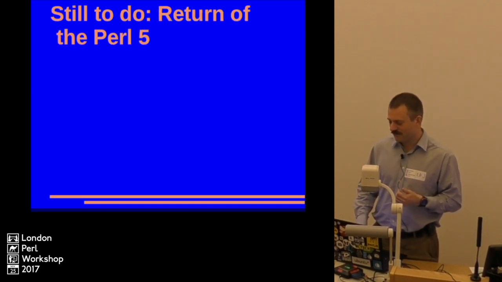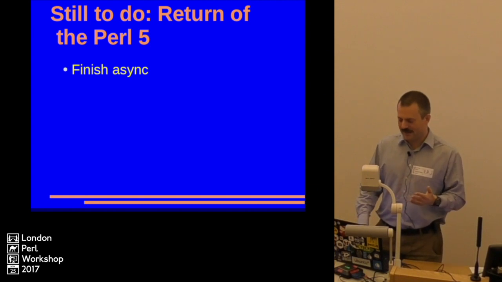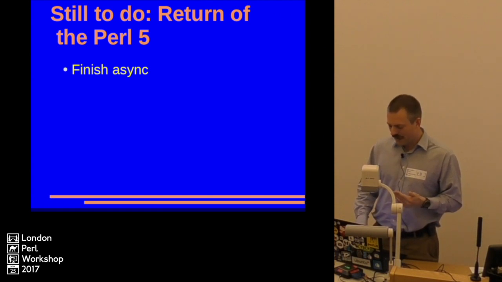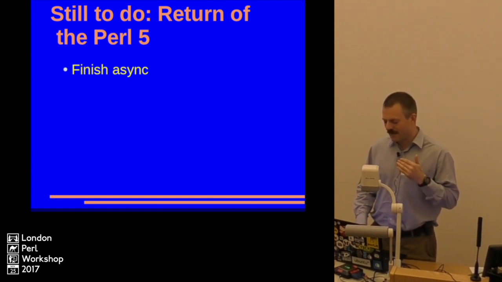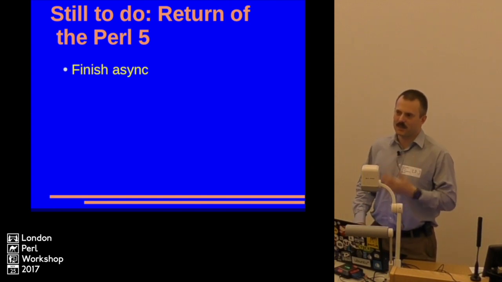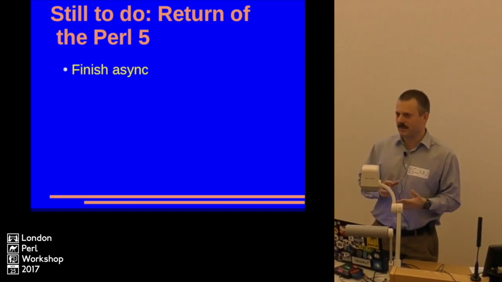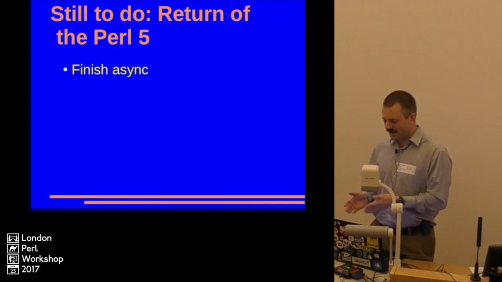So, still to do. Return of the Perl 5. Things that I need to do there. I've got a branch on the repo there, which is to do async. Again, this is relatively straightforward because I just get to port the logic they have there. The difficulty that I've faced is that, as we know in Perl, there's at least 2 different ways of doing promises that are not entirely API compatible, because there's Future, there's Promises.